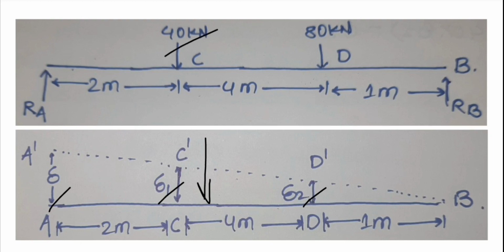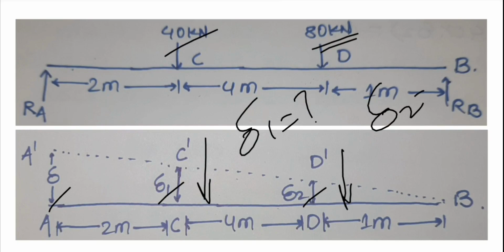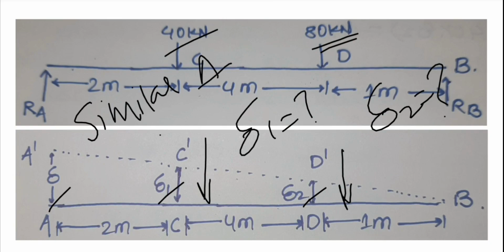Here it was a 40 kilonewton force and here there is an 80 kilonewton force. So first of all we will find the values of delta 1 and delta 2. How will we find delta 1 and delta 2? We will find them by the similar triangle method. This method we learned in 10th standard geometry.